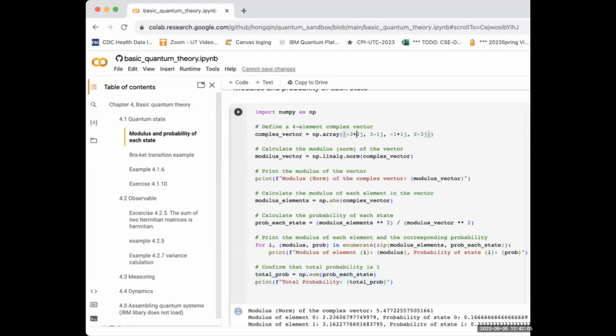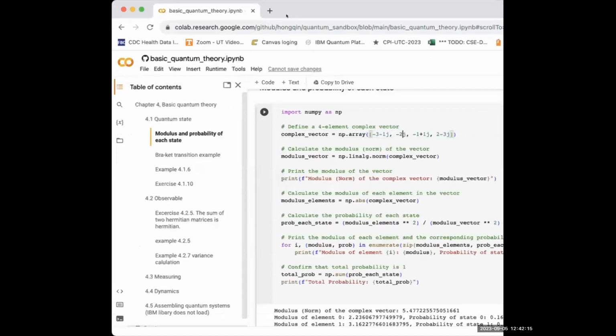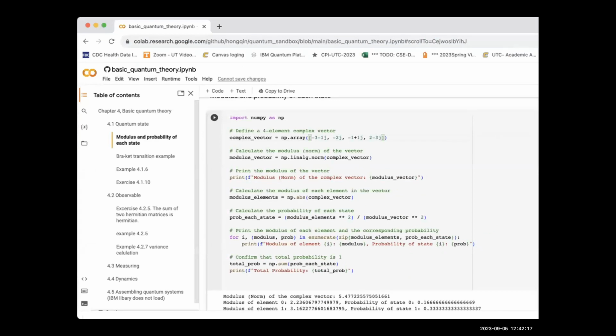Minus 3, minus 1i, and then minus 2i, followed by i, followed by 2, which is 0j.